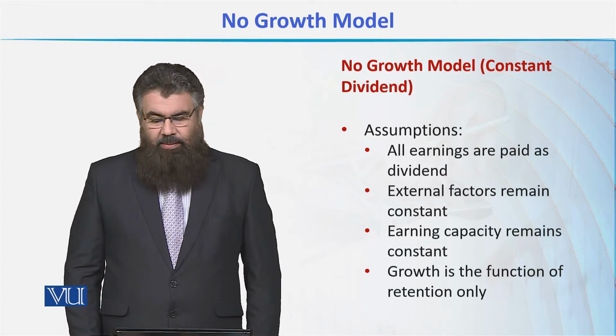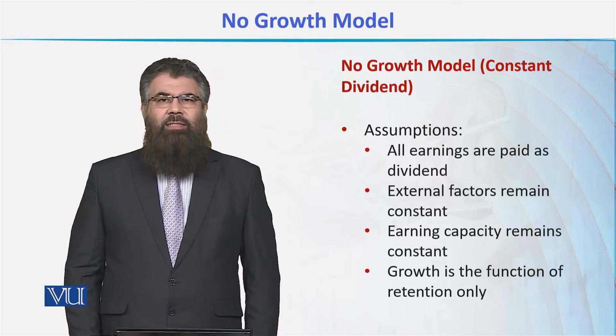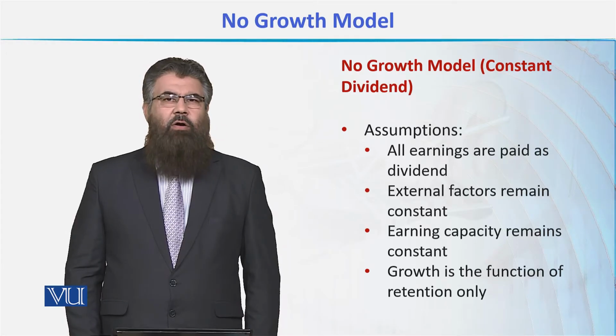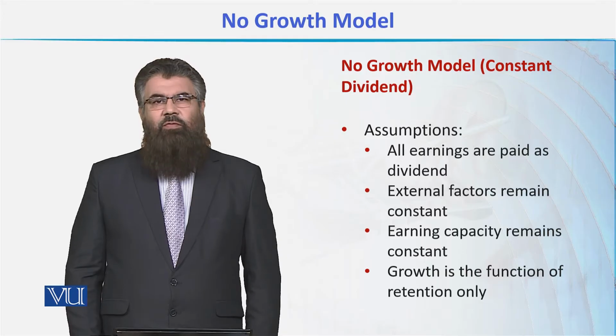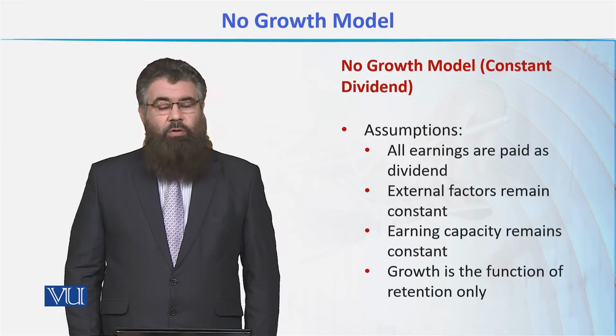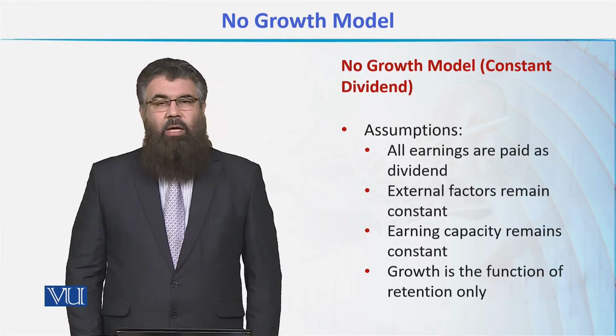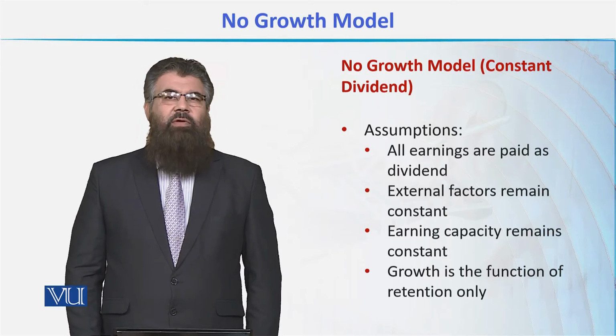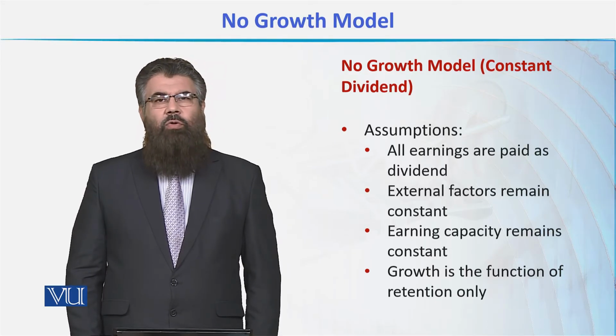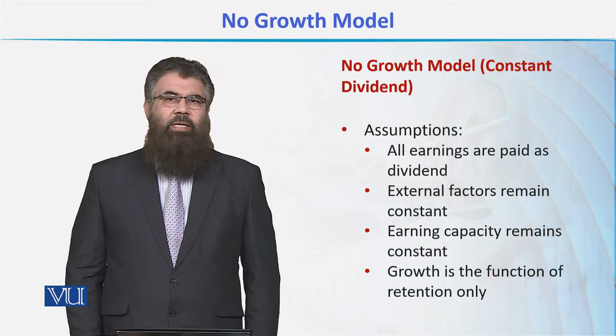That is, earning capacity remains the same, which means that the capability of a particular business to earn a certain percentage of profit on investment also remains constant. And lastly, we assume that growth is a function of retention.